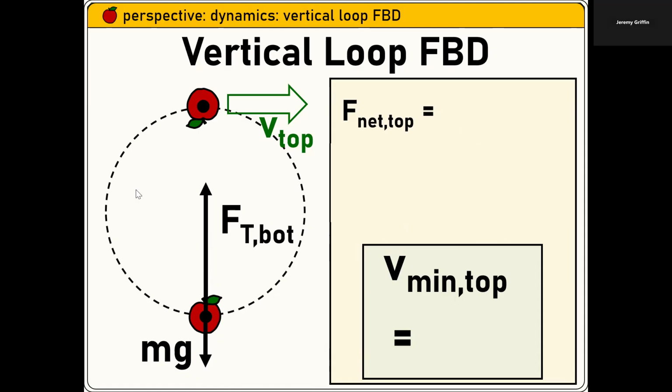Now, when you get to the top, which is really what we're focused on, what are the forces? Is it the same weight down as it is here? Yes, Earth's still pulling on it the same. And how does the string pull? Down. Is the string tension going to be more or less magnitude than it was at the bottom?